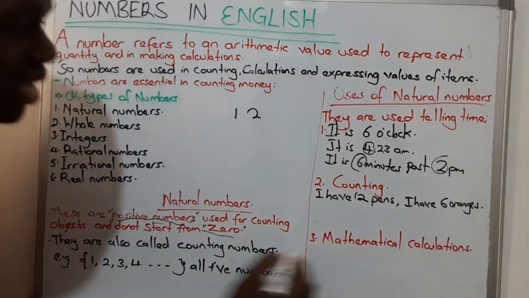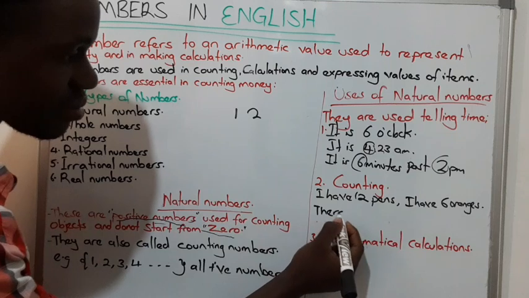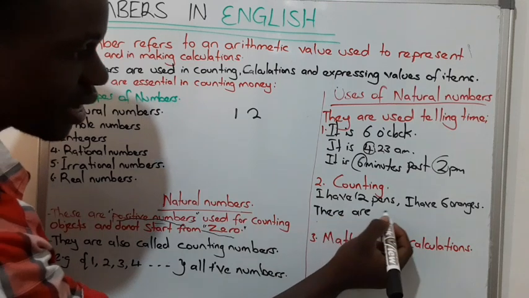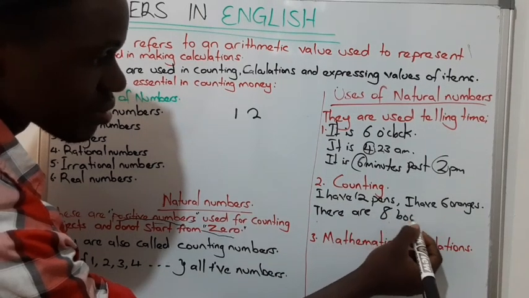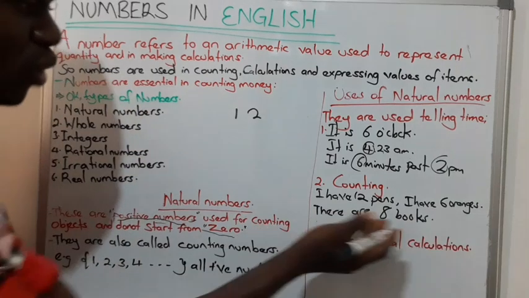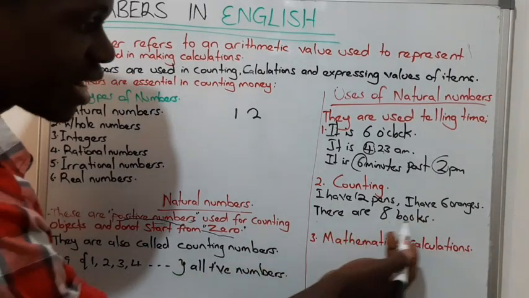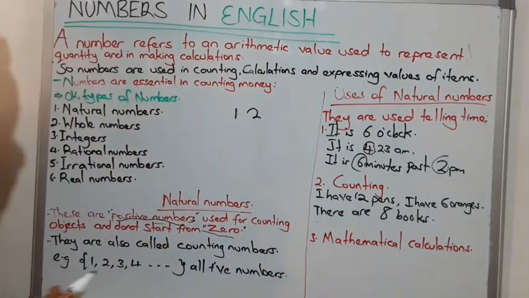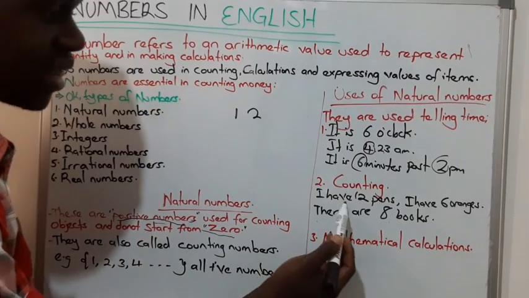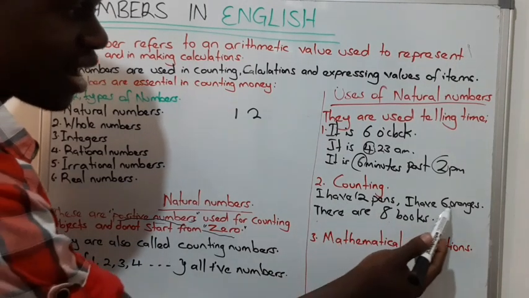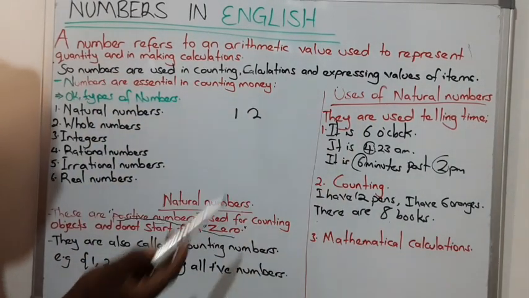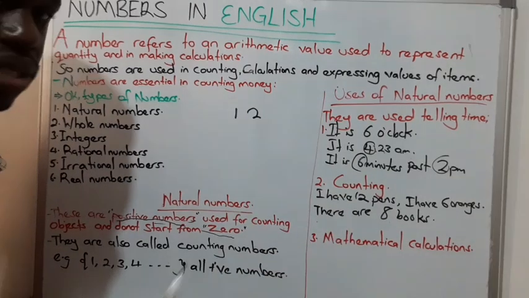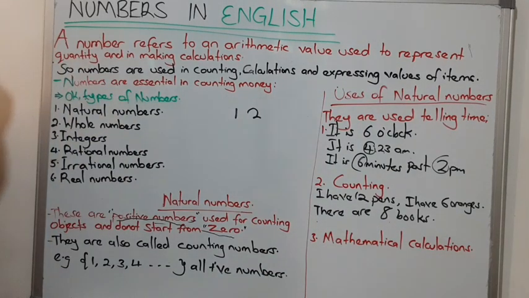Or one can say there are 8 books. So you are telling the quantity of items. I have 12 pens. I have 6 oranges. So natural numbers are used in counting objects, as we've seen.